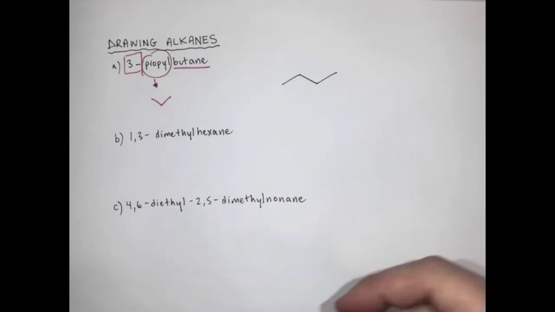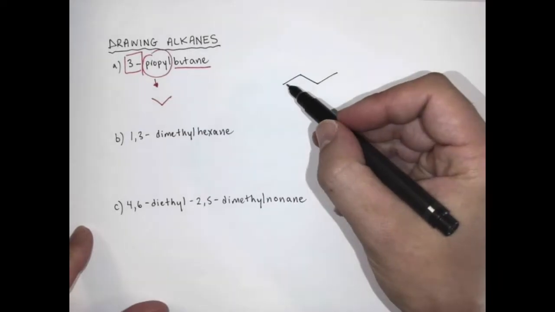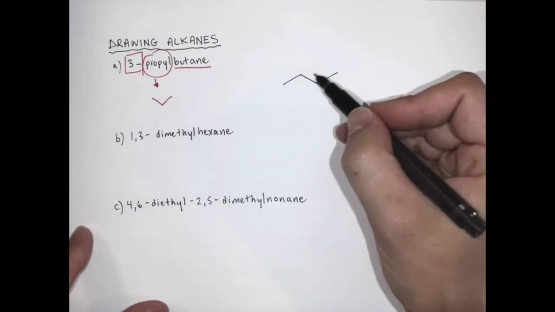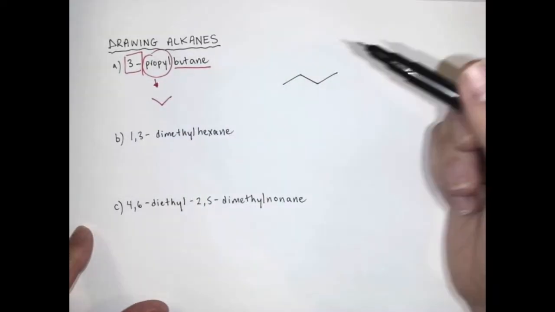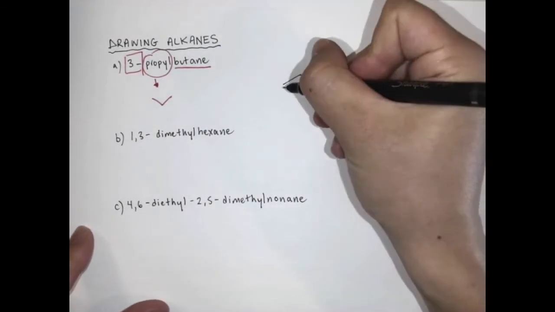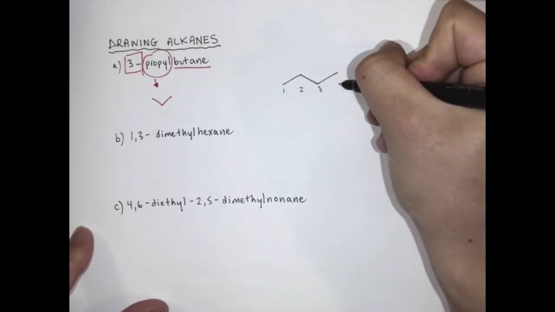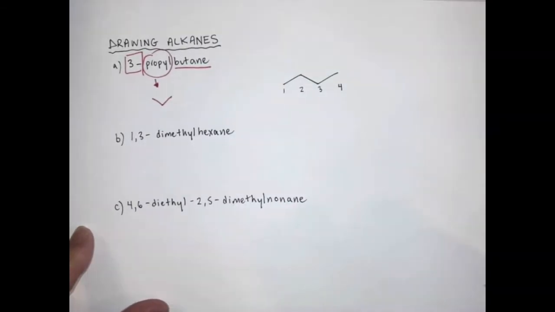All right, so what does that look like? Here's my main branch of carbons, 1, 2, 3, 4, the main chain. And it says I've got a propyl group coming off of carbon 3. So I'm going to number my carbons 1, 2, 3, 4.